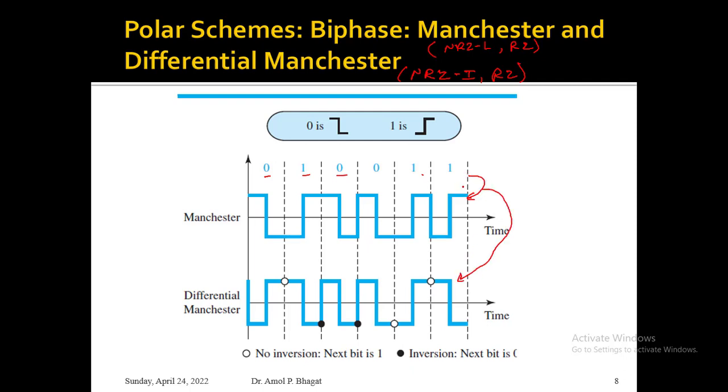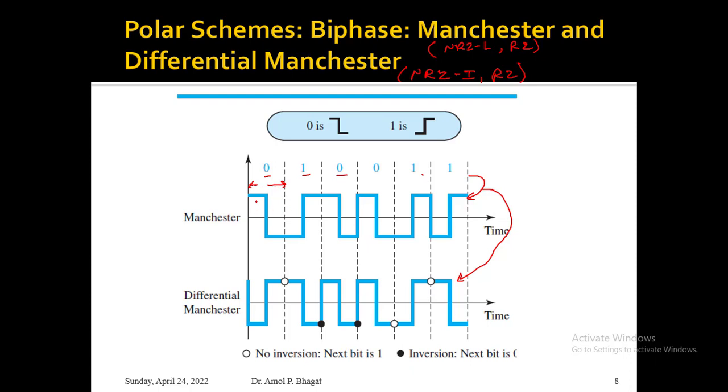This digital data is represented using these two digital signals, which are generated using the Manchester and differential Manchester line coding schemes. Again you can see that there are two transitions of the signal in a single bit duration, or single time slot.